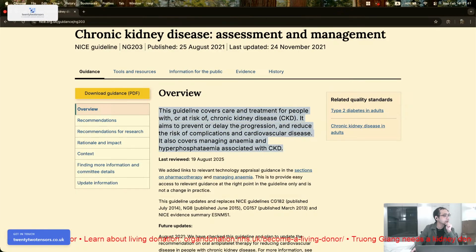So basically the treatment and disease management for people with or at risk of CKD.